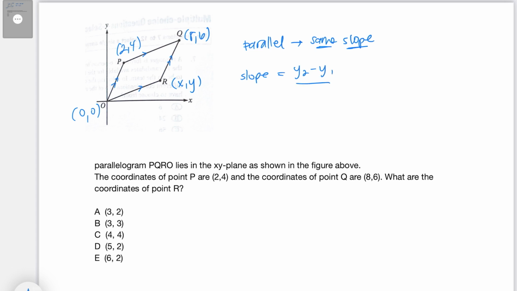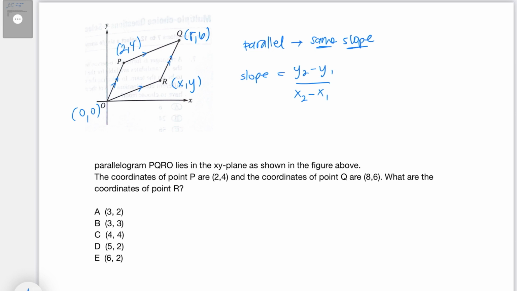So remember, the slope formula is y2 minus y1 over x2 minus x1. So I'm going to start with the slope of a line that I have both coordinates for, and then I'll do it again to find point R. So we could do either PQ to OR or OP to RQ.